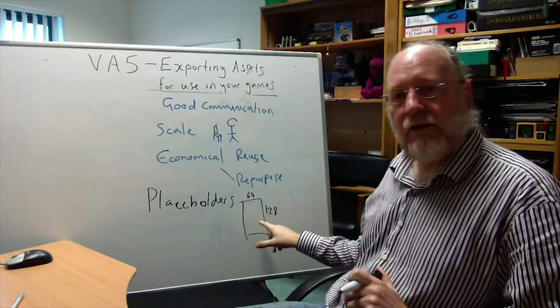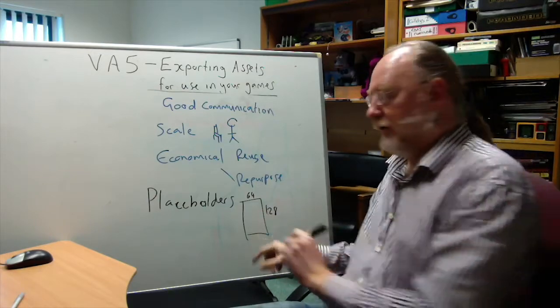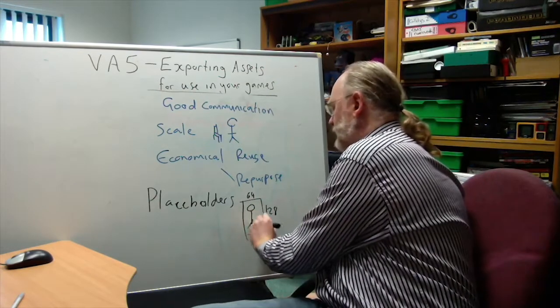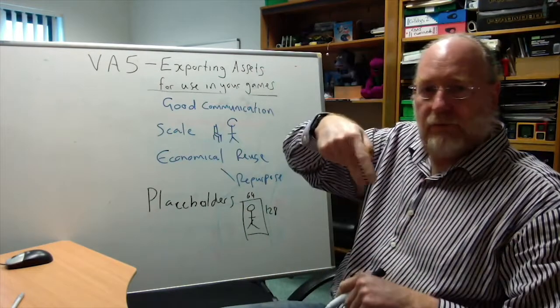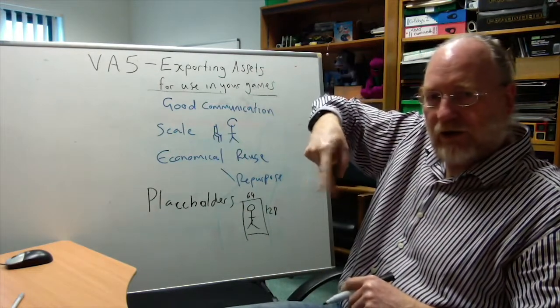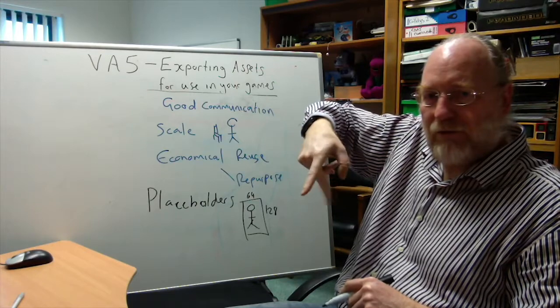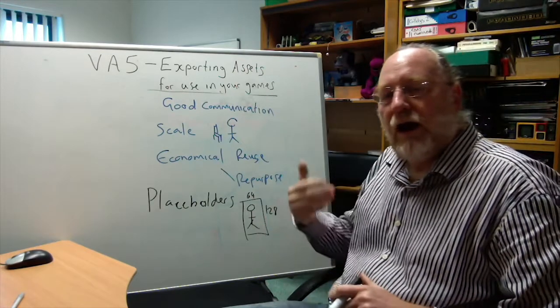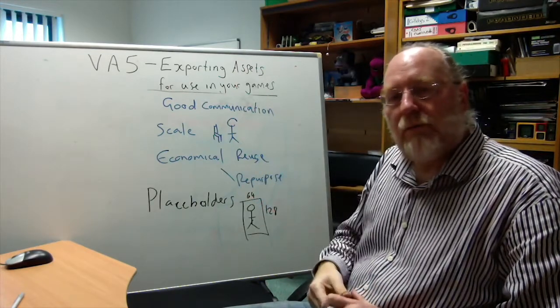Use that, and then once you've got that working, you can even just sketch in something really simple, like a walk cycle with maybe two or three frames, and then put that in. And then you could see how the game is working.